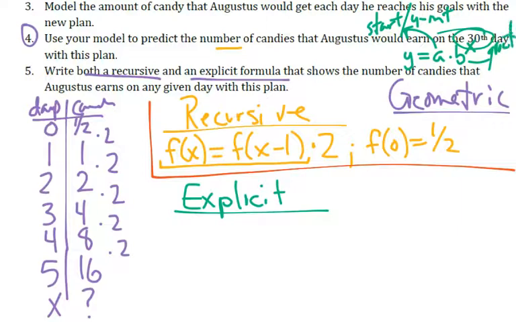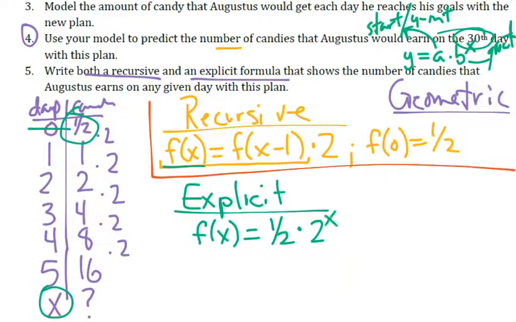We don't call it slope, but it's what we're multiplying by. So I go, and we'll use f of x instead of y again, because we used it up here. So f of x equals, we started at 1/2. What did we do to 1/2? Well, we times it by 2. How many times did we multiply by 2? X amount of times. And so we make it an exponent.